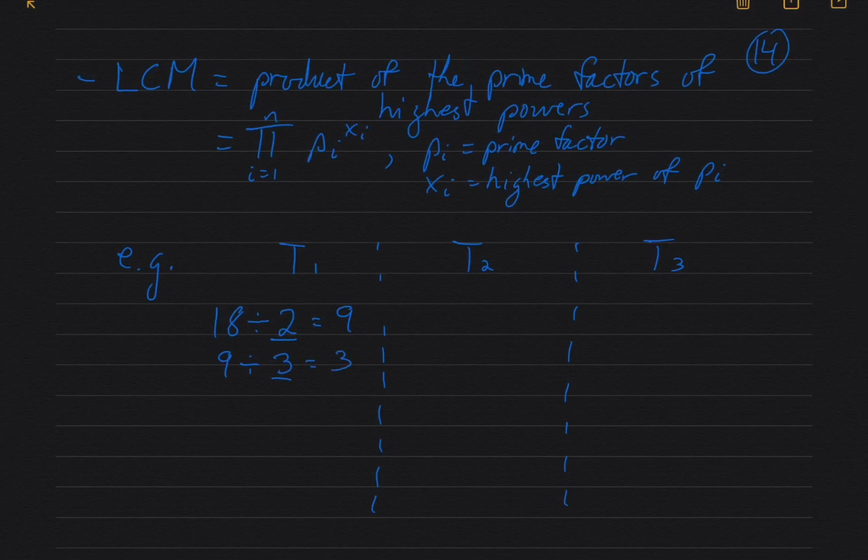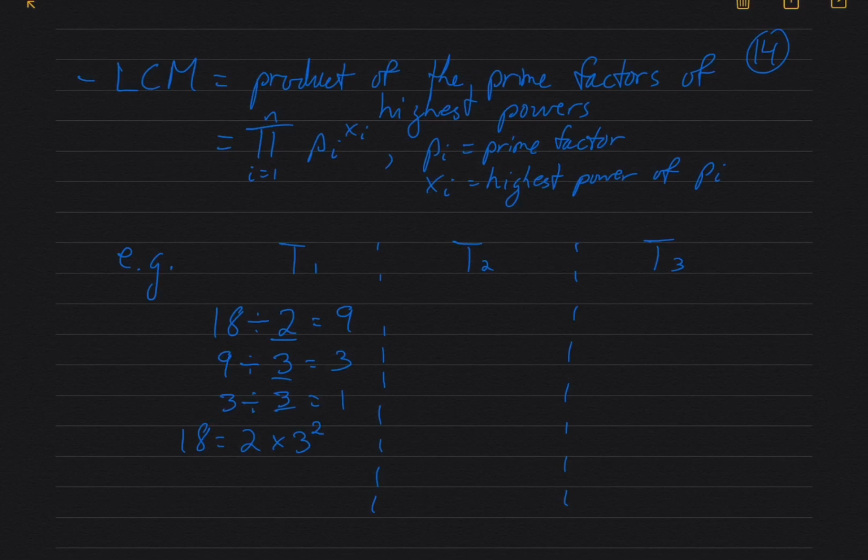And we're left with 3, so again 3 can be divided by 3 to give us 1. And so now we're done. So we've got 18 is equal to 2 times 3 squared. So prime factors of 2 and 3, and the highest power of 3 is 2.